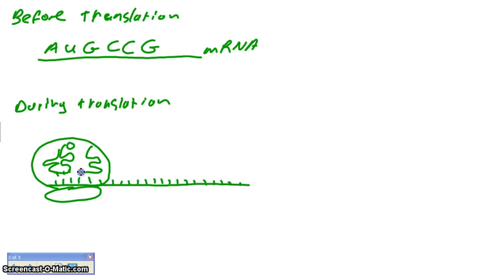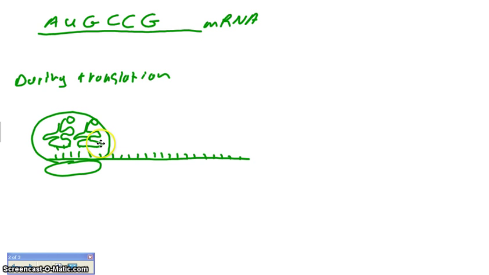This is horrible, by the way. And then we're going to have another little arm like that, and another thing like that, right? There are actually 3 tRNAs in the ribosome, but I didn't do a good job of drawing it. The basic idea is that these anticodons match up with these codons, and there's a specific amino acid attached to each tRNA.